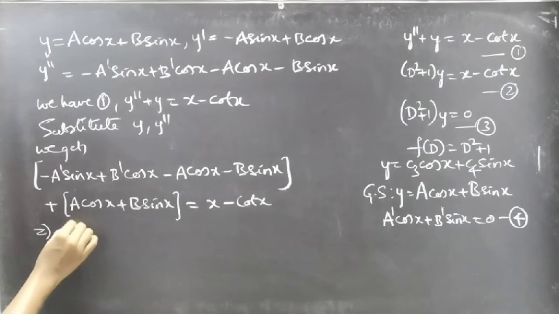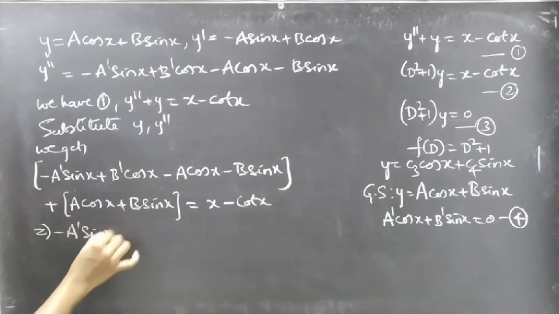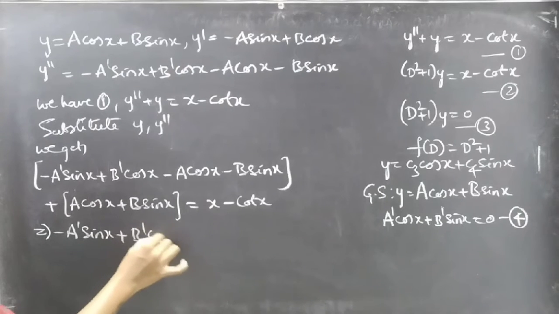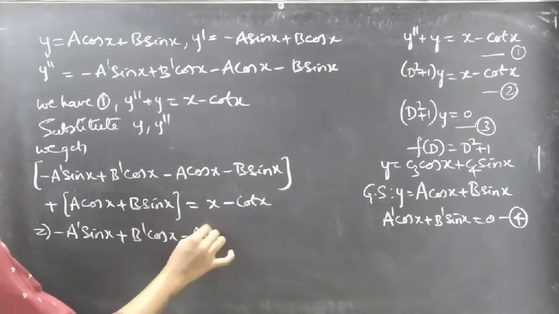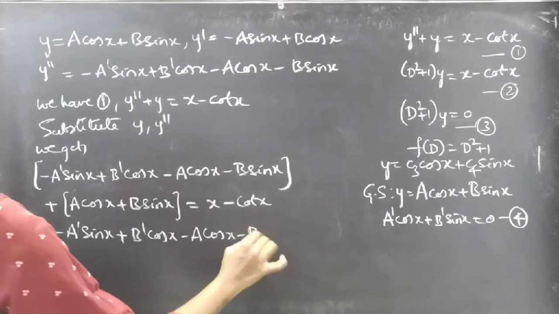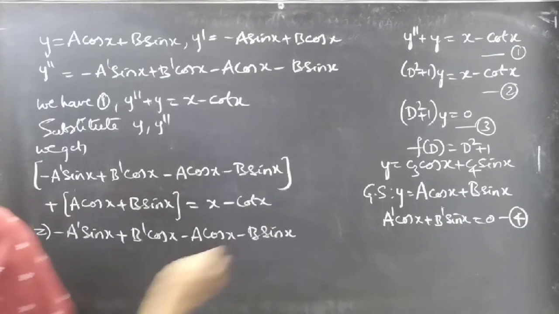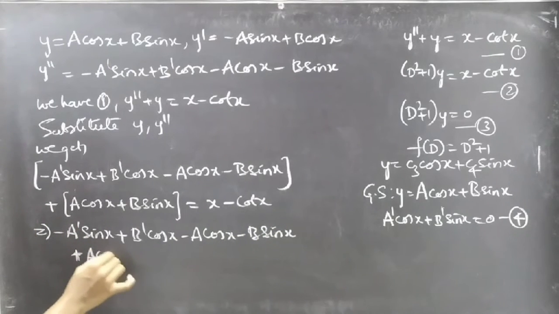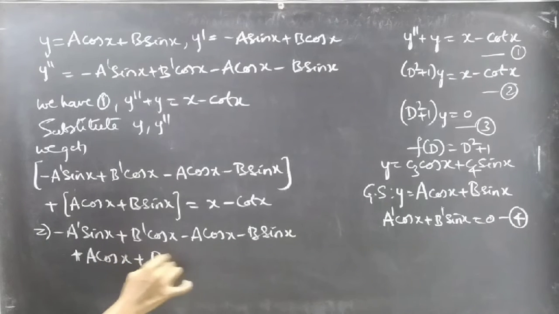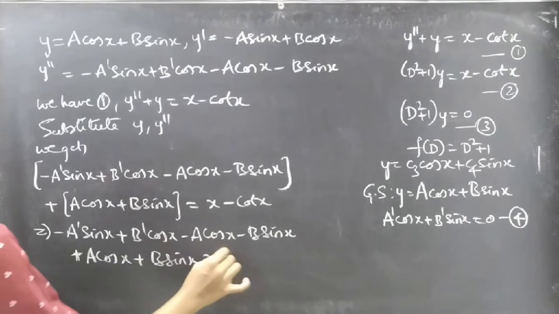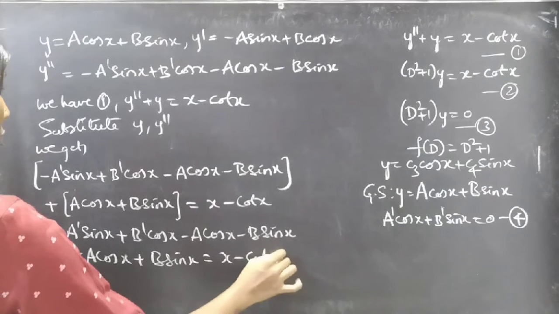This gives us minus a dash sin x plus b dash cos x minus a cos x minus b sin x plus a cos x plus b sin x equal to x minus cot x.